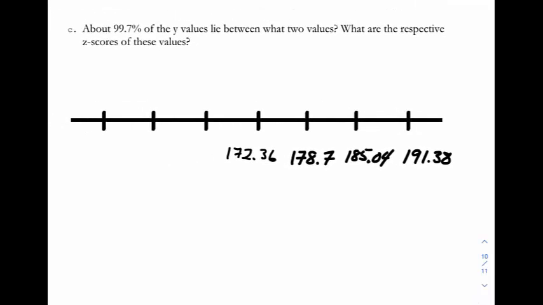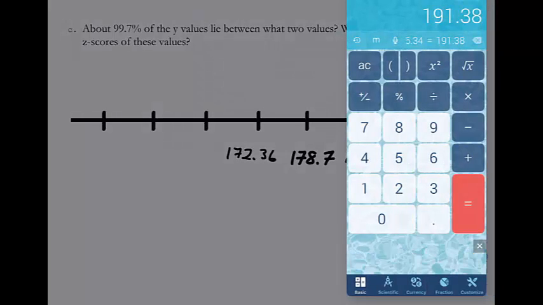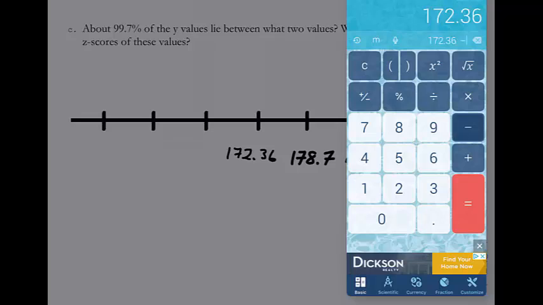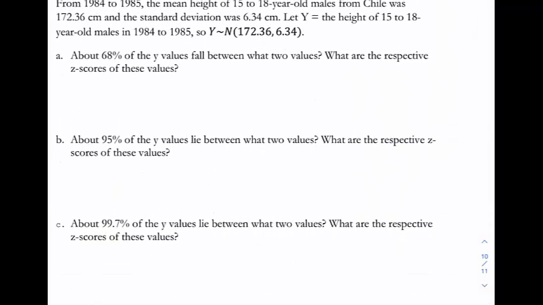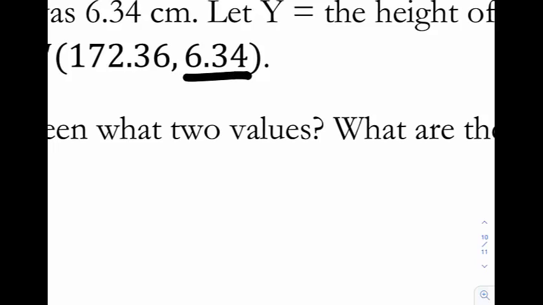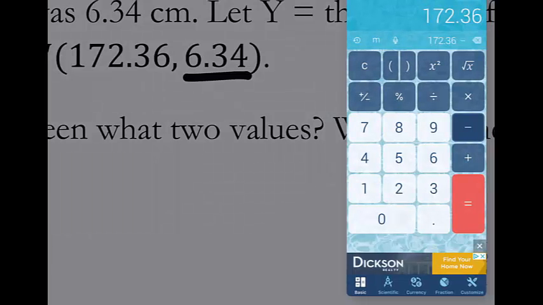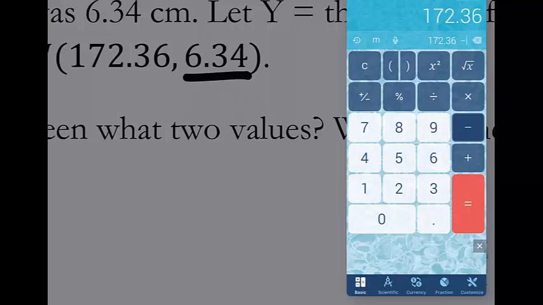Backtracking, going back the other way, let's subtract. Let's take 172.36 minus the standard deviation, which is 6.34. So we get 166.02.